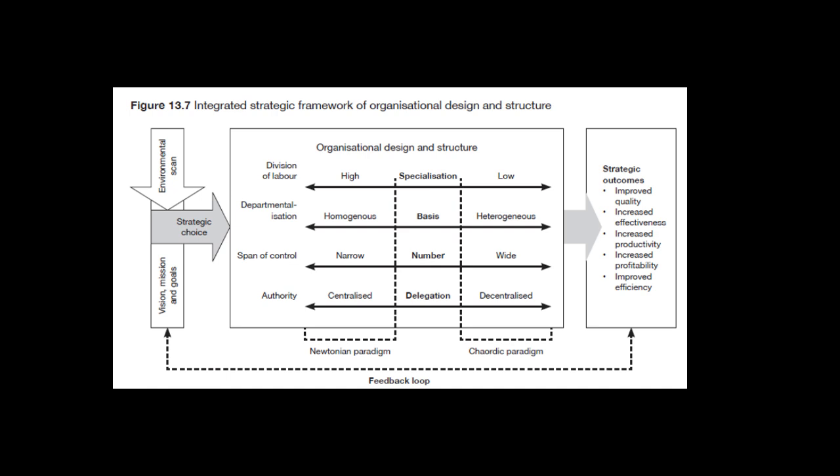And what it means is that these structures allow for flexibility. They allow organizations to be light on their feet. They allow organizations to adjust very, very rapidly, to bob and weave, talk boxing, to bob and weave in line with the external environment.